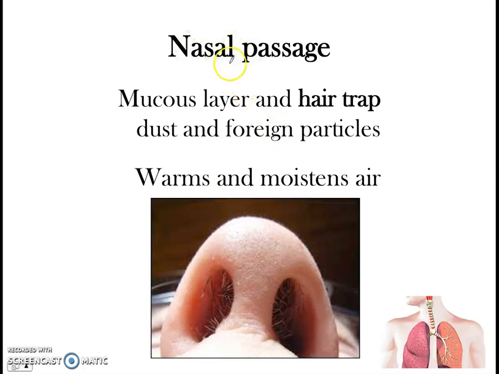The nasal passage contains a mucus layer and hairs. The main function of this is to trap dust and foreign particles, like bacteria, which could get into your windpipe. The second function of the nasal passage is that it helps to warm and to moisten the air.